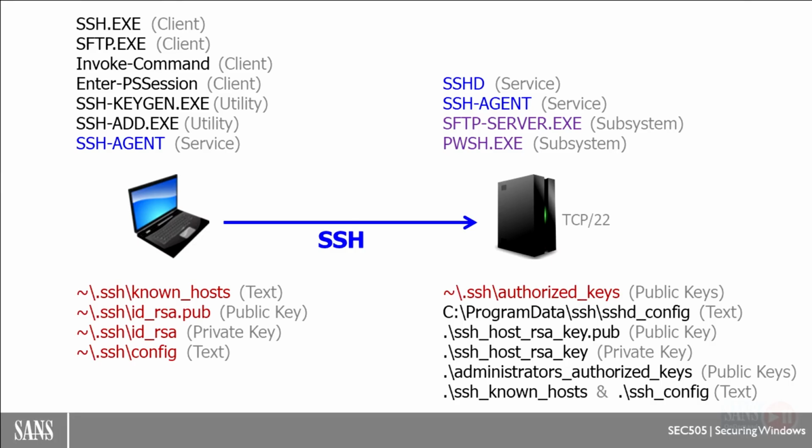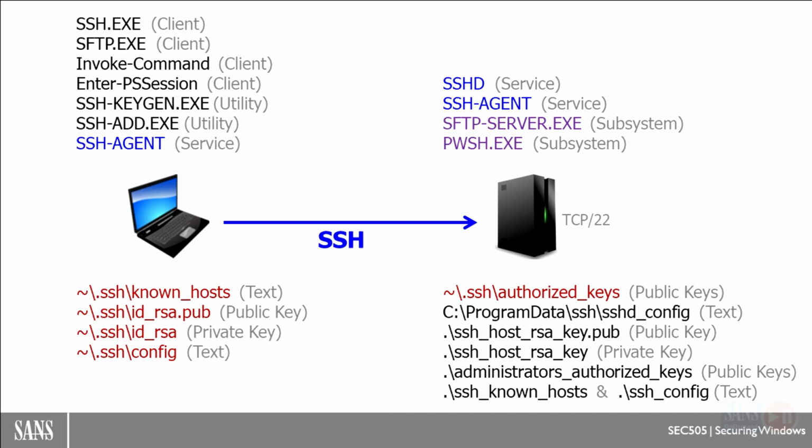There's lots of bells and whistles for SSH. There's lots of files and tools related to SSH. I wanted to have one slide mainly in your manual as a cheat sheet for the exam and for real life, because if you're totally new to SSH, it can be a little bit overwhelming. There's all these weird files. Some of them are keys. Some of them are configuration files.